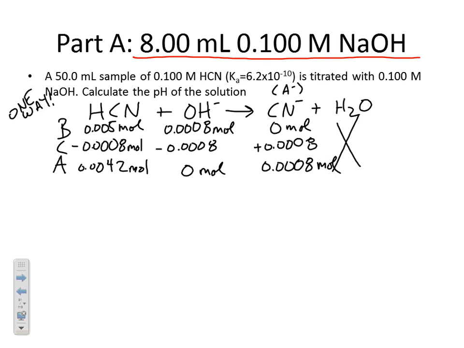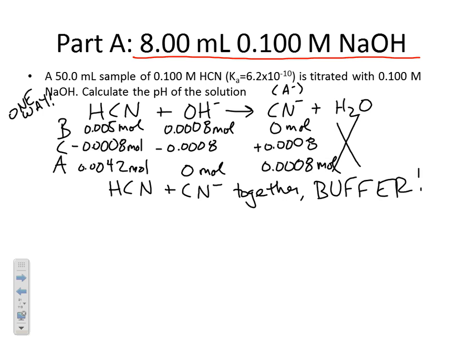Because we have both HCN and CN minus together, we have a buffer. So the easiest way to calculate pH of a buffer is to use the Henderson-Hasselbalch equation. But to use that, we need molarity, right? We need concentrations. So we're going to recalculate concentrations of HCN and CN minus.